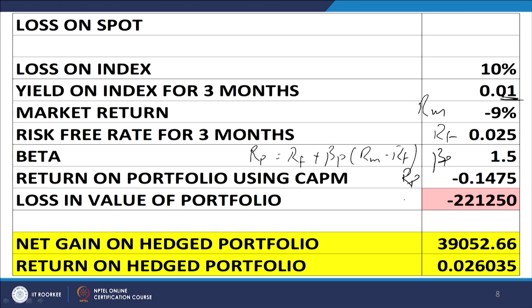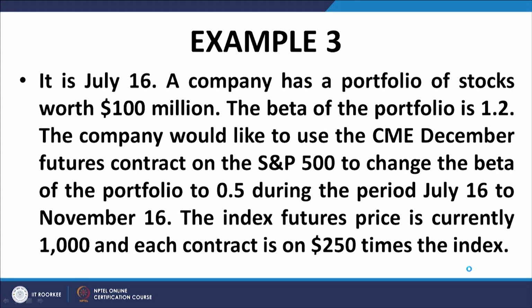The aberration is due to certain basis risk, the number of contracts rounding off, and it is very close to our risk free rate of 2.5%, it is 2.6%. So, this example covers in a lot of detail how the futures hedges operate when we talk about hedging of portfolios using index futures.